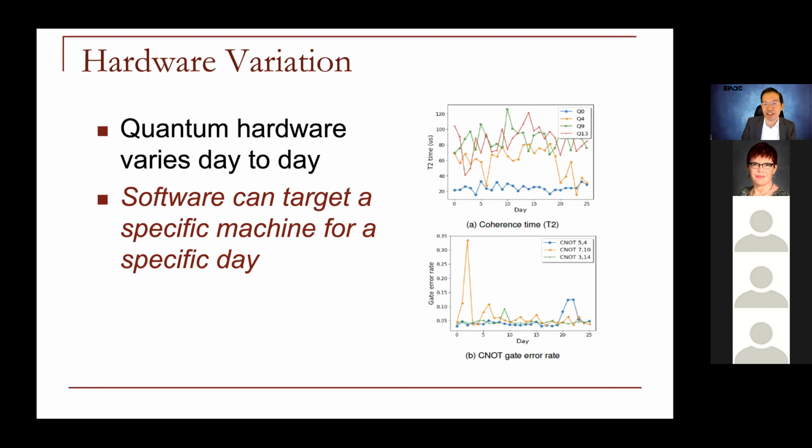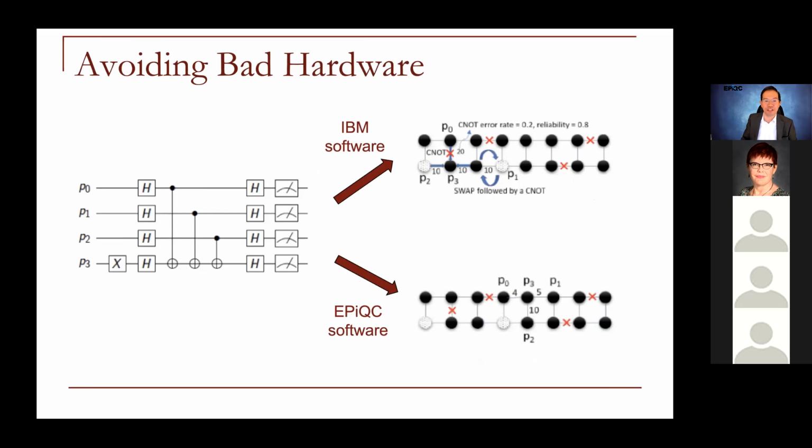And this is really very different from the classical view of compilers, right? If you deal with a classical compiler, it's going to compile for a specific machine family, and you'll get a binary that can run on any machine of that family on any day, right? So this really breaks the model of what we would normally do.